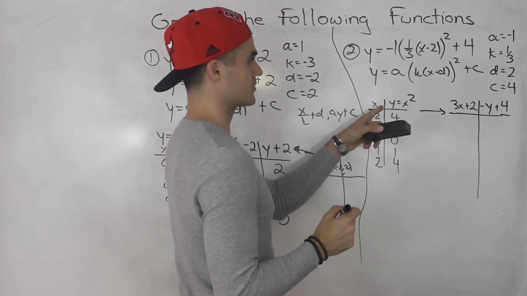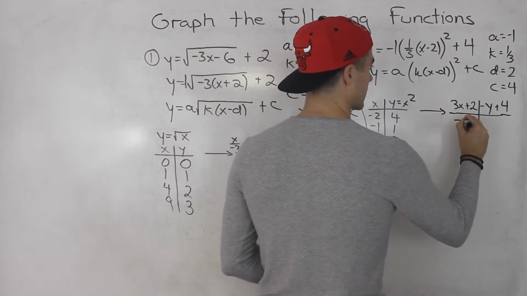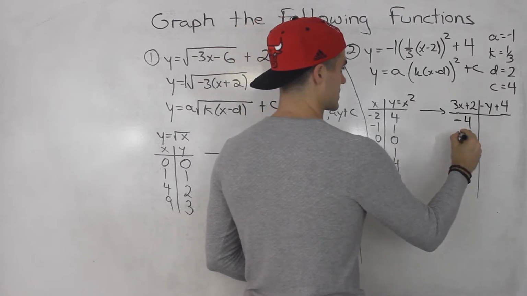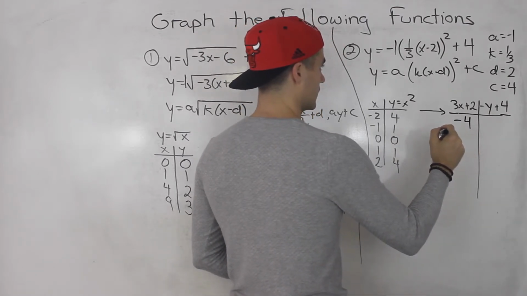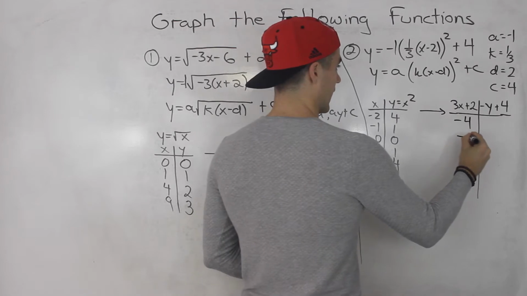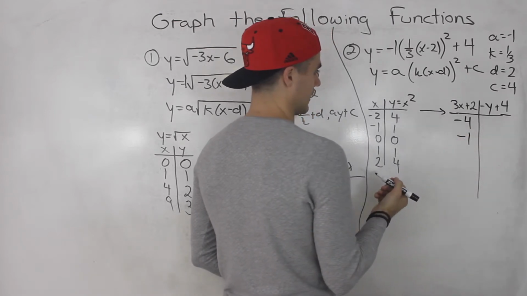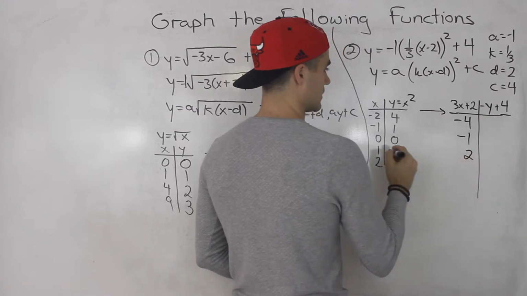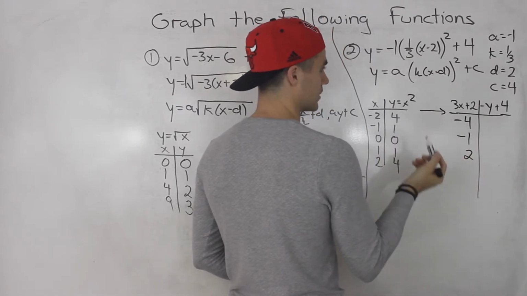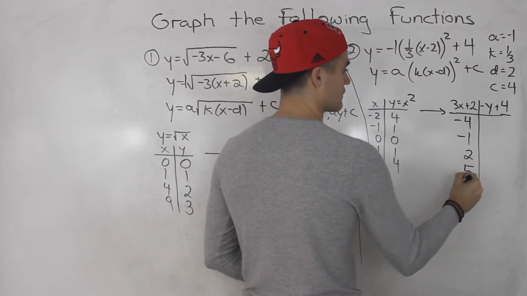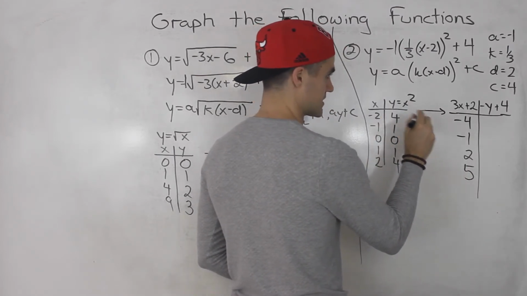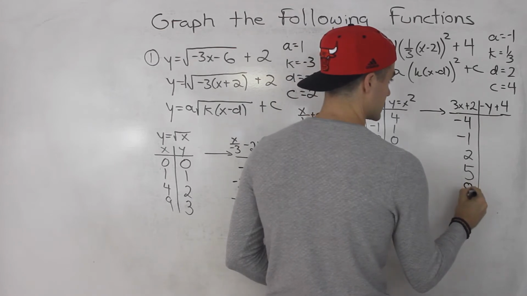So negative 2 times 3 is negative 6, plus 2 gives us negative 4. Negative 1 times 3 is negative 3, plus 2 gives us negative 1. 0 times 3 plus 2 gives us 2. Then 1 times 3 plus 2 gives us 5. And then 2 times 3 is 6, plus 2 gives us 8.